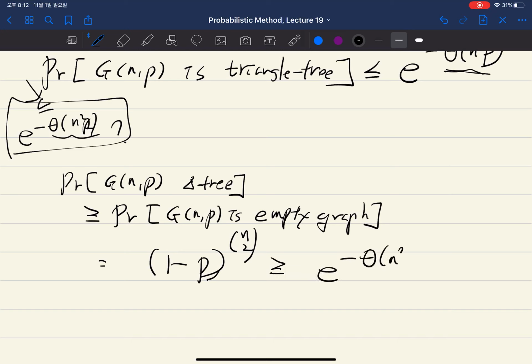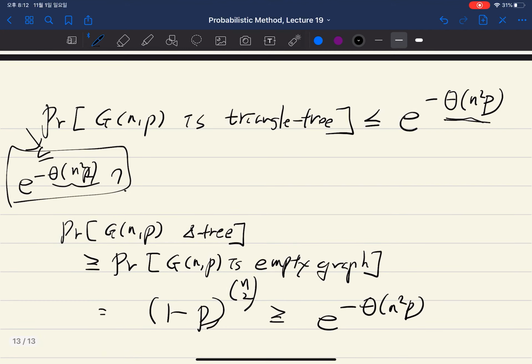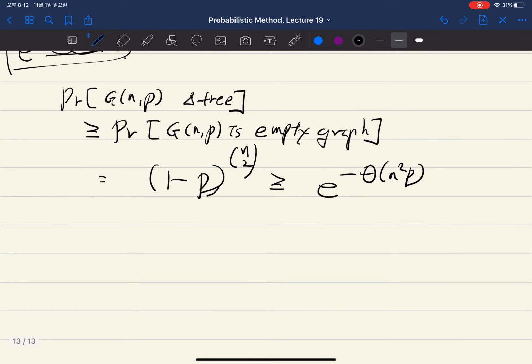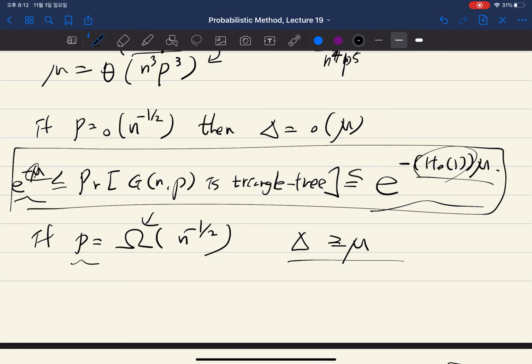So this is roughly e to the negative theta times n squared p. So up to a multiplicative constant in the exponent, this is best possible. So this more or less determines the probability that G(n,p) is triangle free for pretty much all p.